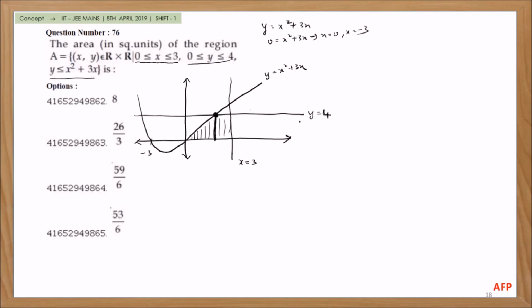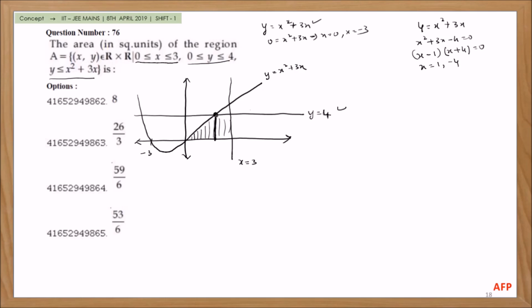To find this intersection we will substitute this point here, the intersection of this and this. So 4 equals x square plus 3x, so x square plus 3x minus 4 equals 0. Factorizing, (x minus 1)(x plus 4), x equals 1.